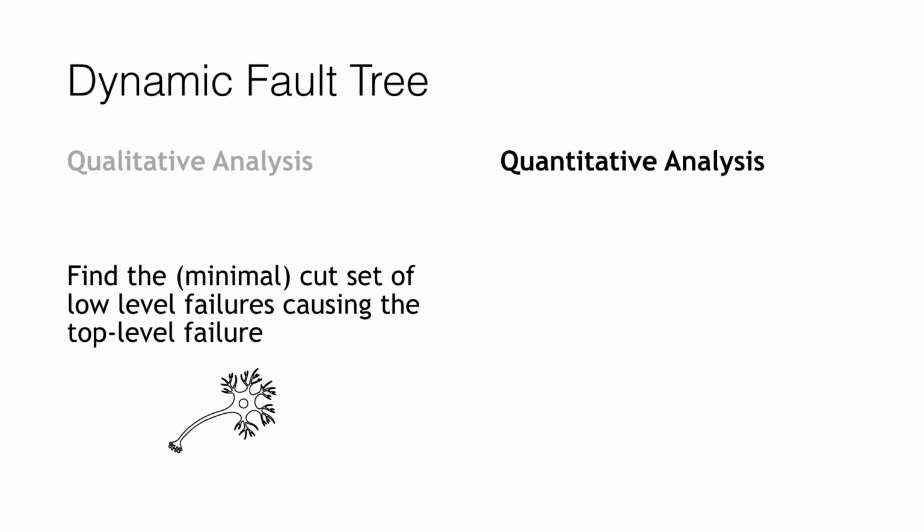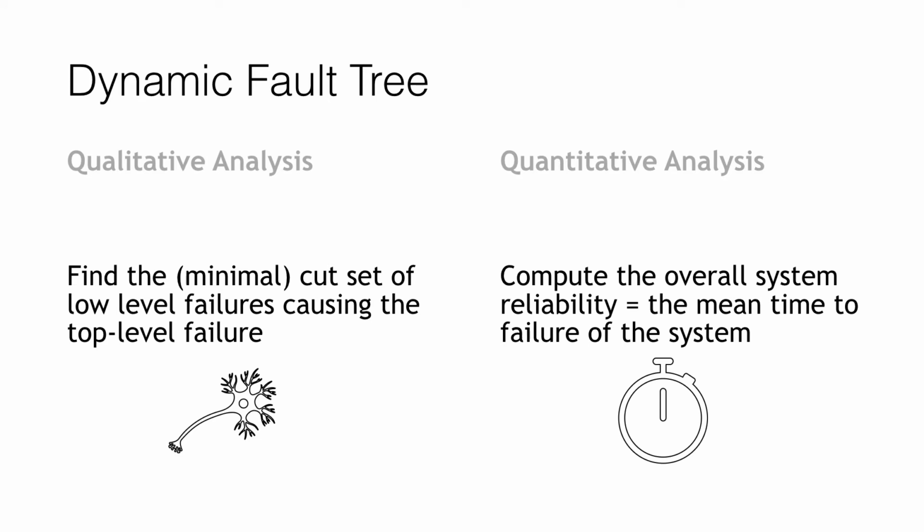There's also quantitative analysis that will occur, and we'll be computing the overall system reliability, which essentially is the mean time to failure of the system. And with one, we can do the other, but they both have advantages to study independently as well.